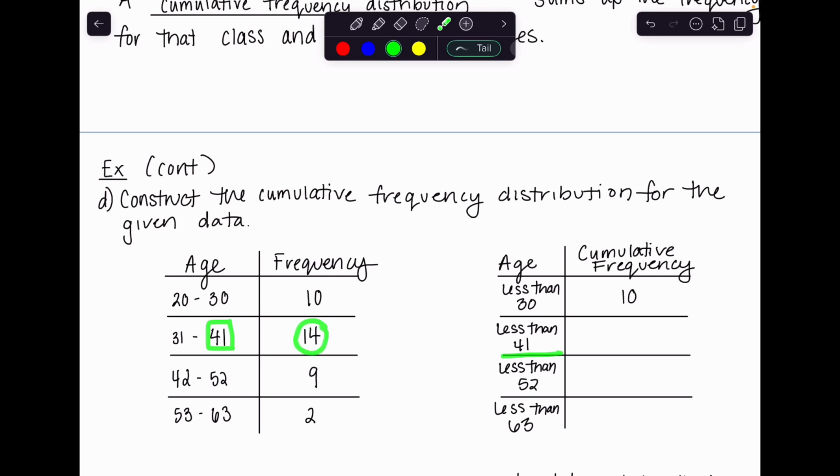That includes these 14 people, but also the ones that fall into the prior class, because they are also less than 41. So what I do is take the first class and add the 14 people that fit this category. So the cumulative frequency is 24.